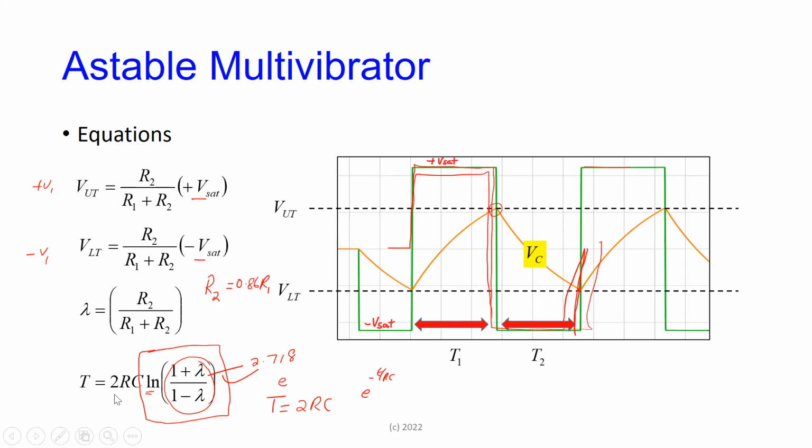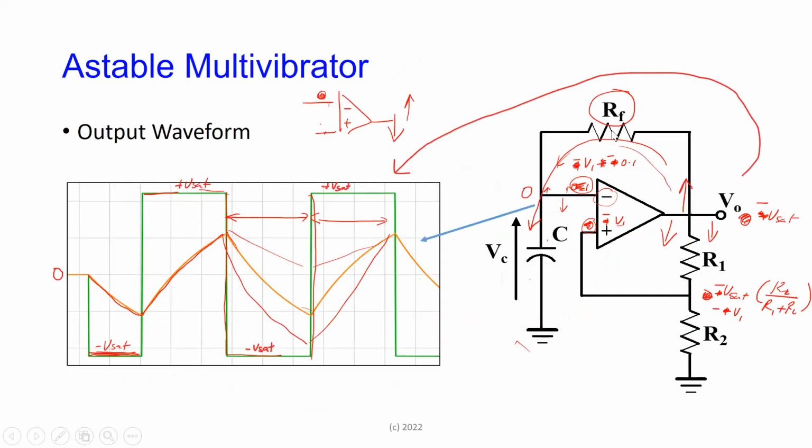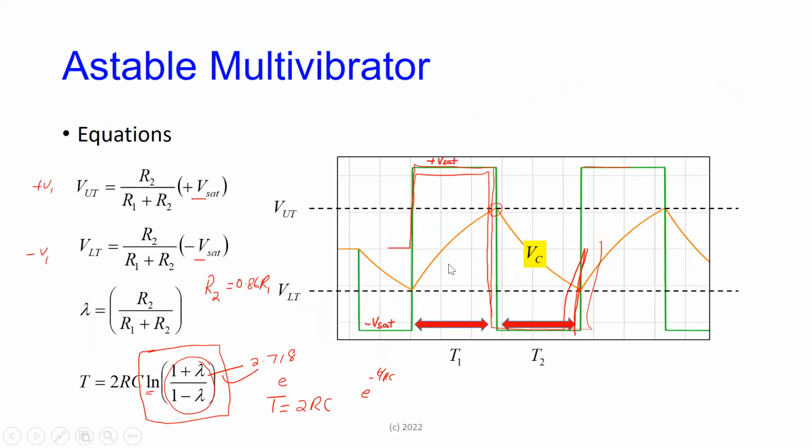If you do that, the period of the oscillator will just be 2RC. So you pick the capacitor and then the value of RF, well, I guess 2RFC. Right, so everybody following how the astable multivibrator works? Yeah?